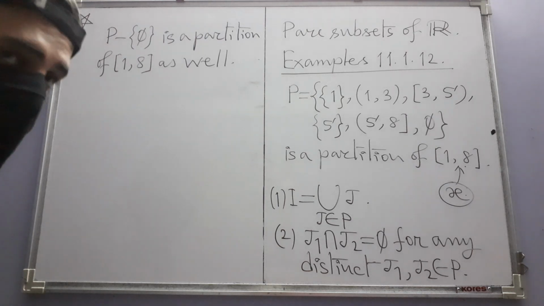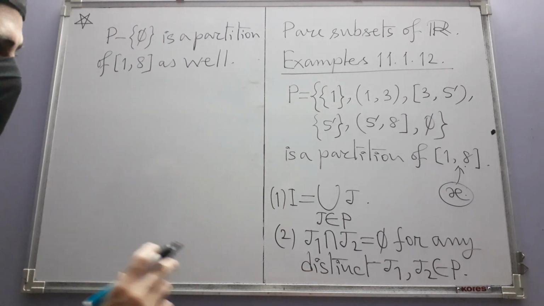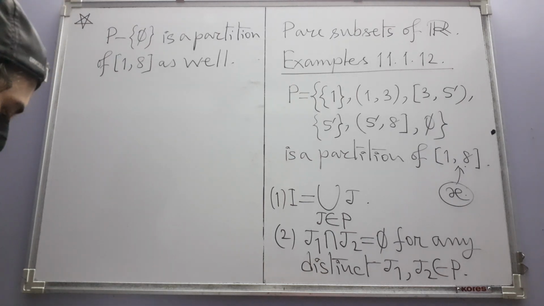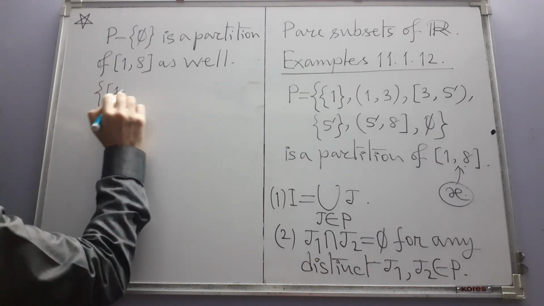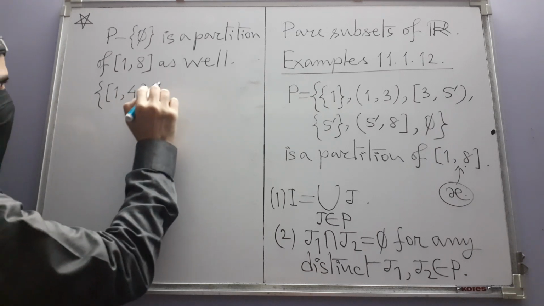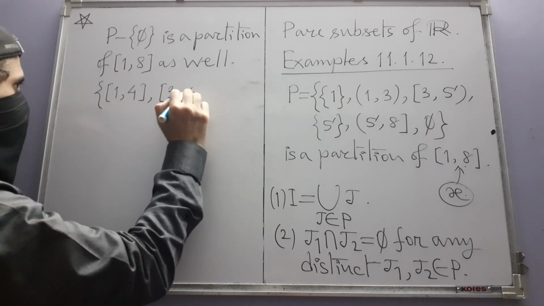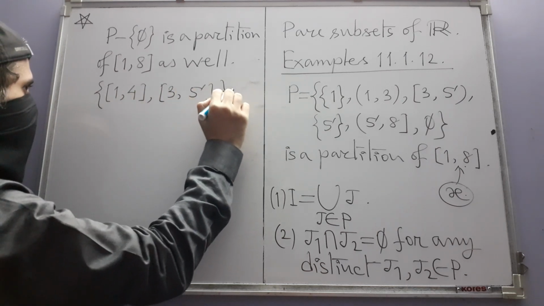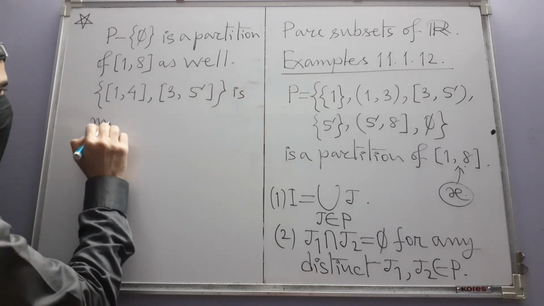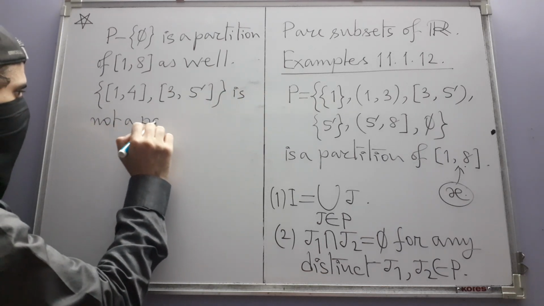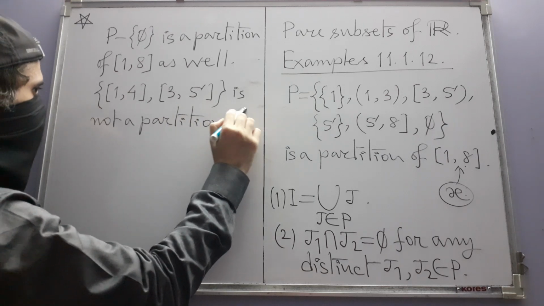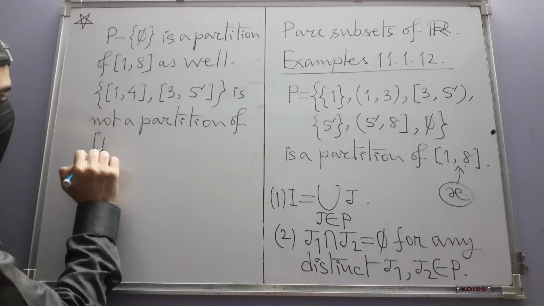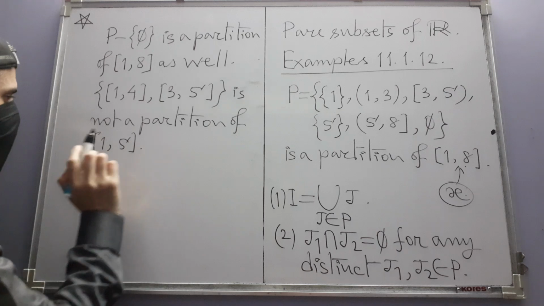Now some non-examples, some collections of intervals which are not partitions. This one, for example, closed interval 1, 4 and closed interval 3, 5 is not a partition of 1, 5.